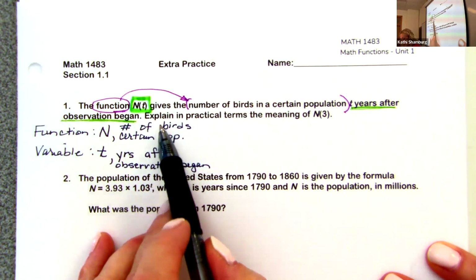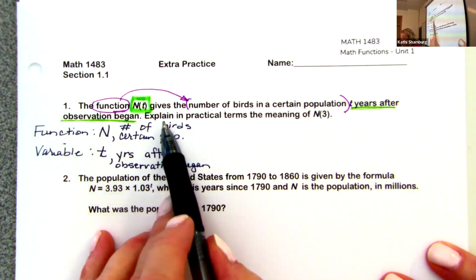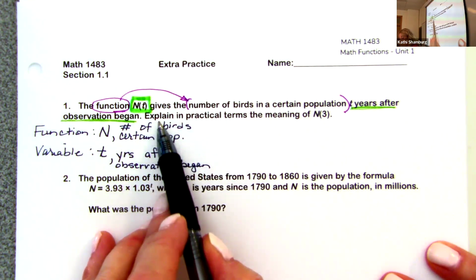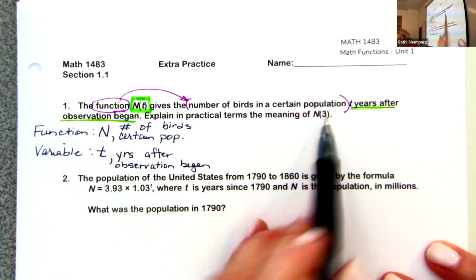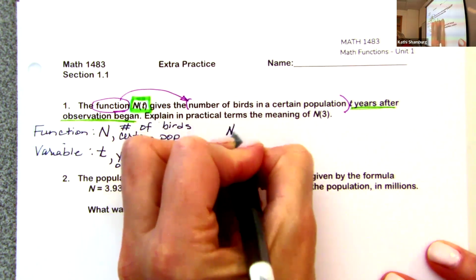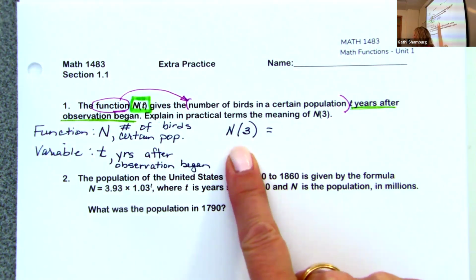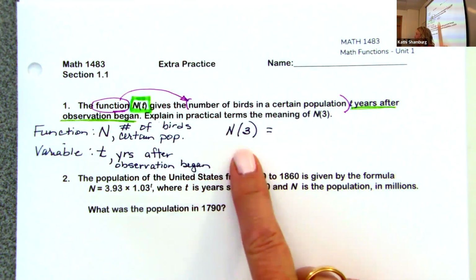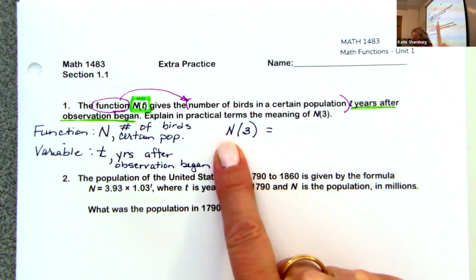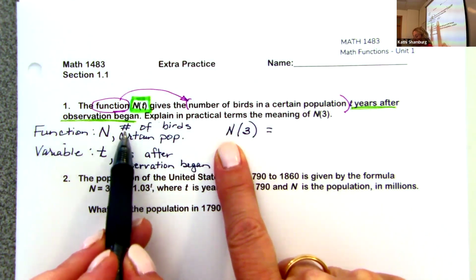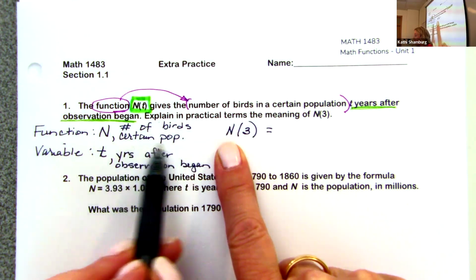And it's asking me the question, explain in practical terms the meaning of N of 3. I know I'm going to be writing a sentence. So I've got to put this in word form. Here's N. Look over here and I'm like, oh gosh, that is the number of birds in a certain population.